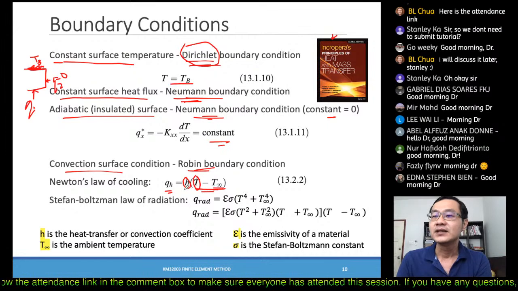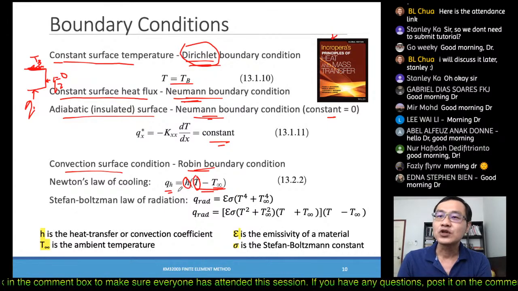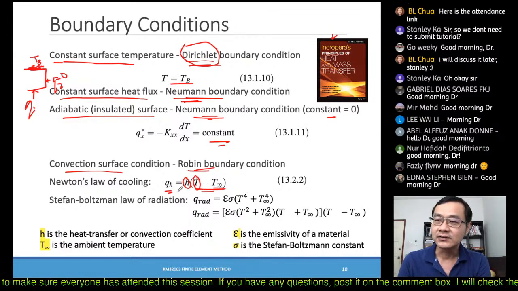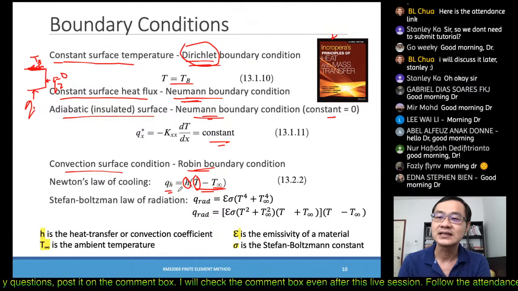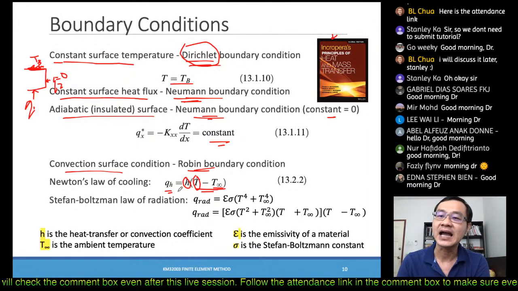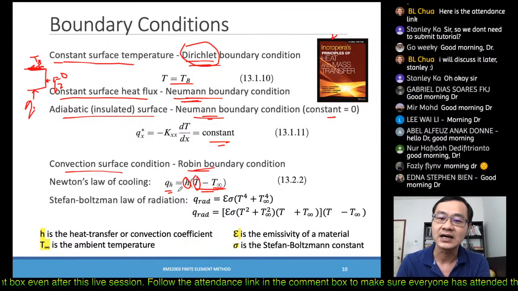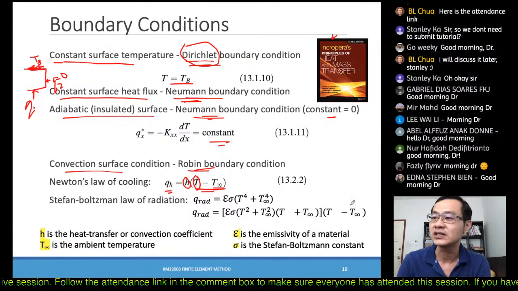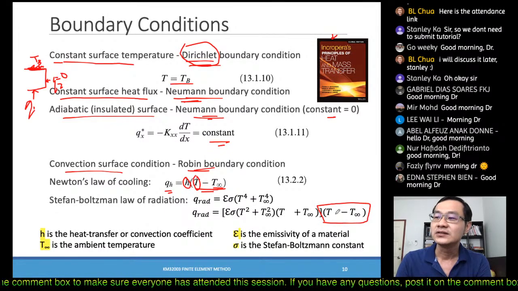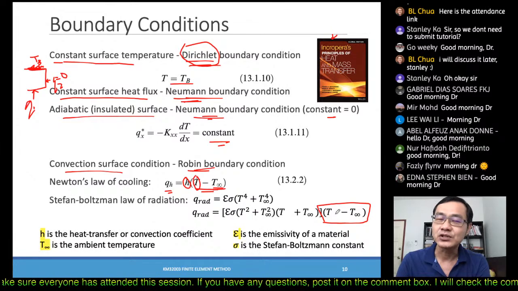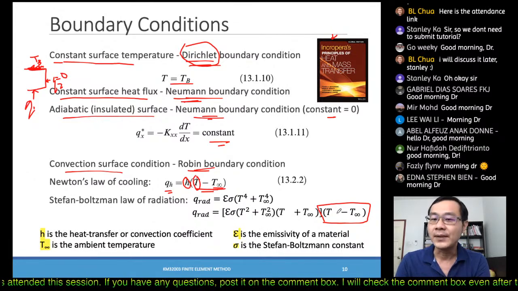Similarly, some software does include radiation in their cases. But in case the software doesn't include that, we can also treat it as a kind of convective surface radiation, because it depends on the change in temperature, the difference of the temperature at the node compared to the ambient.